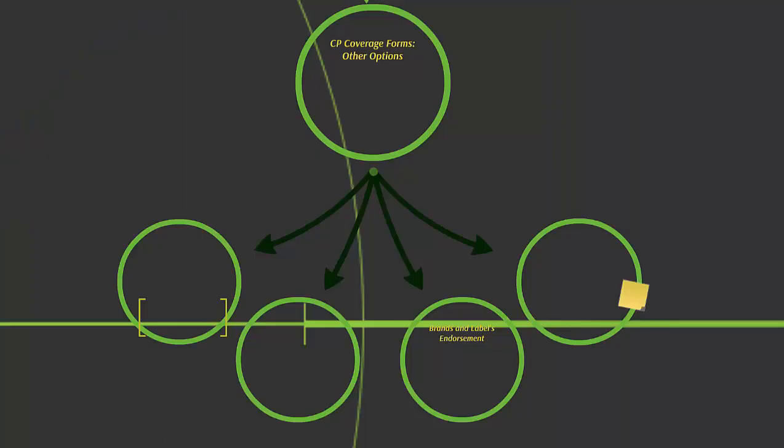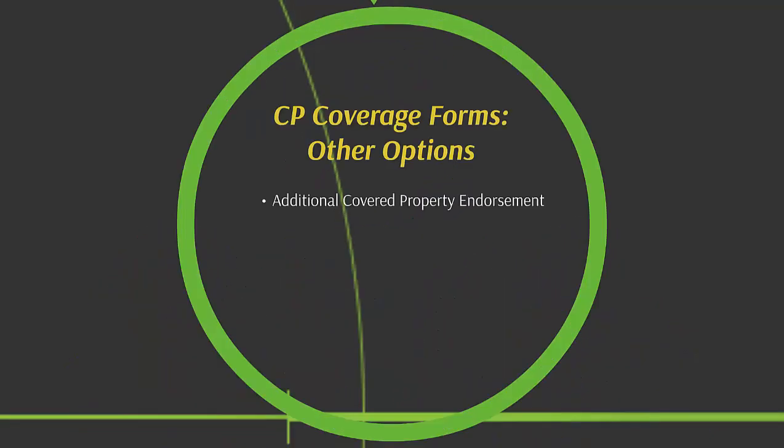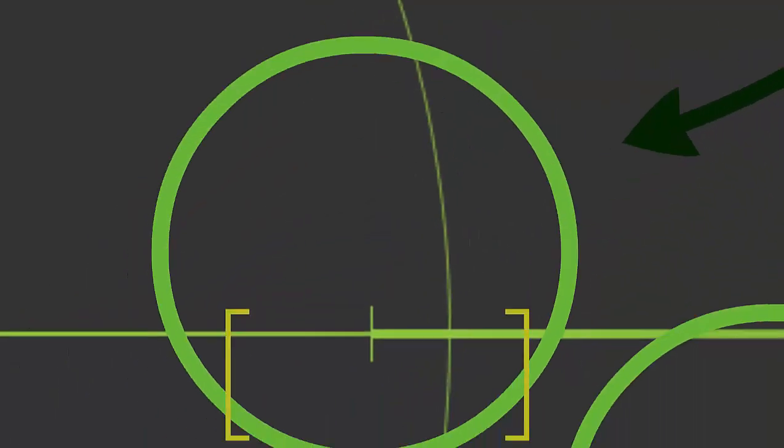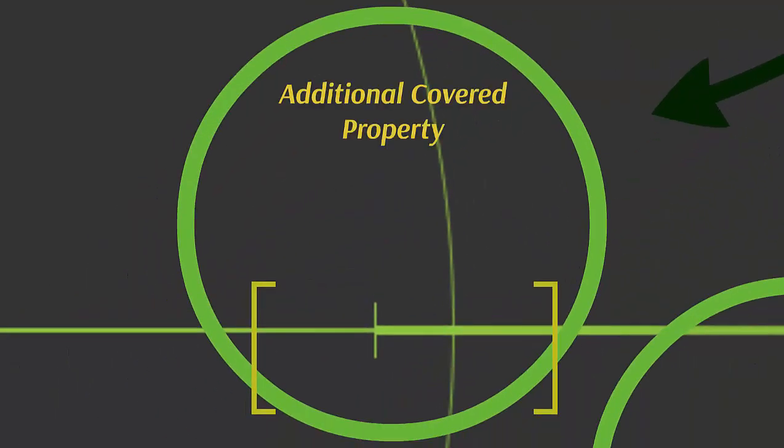Now let's look at the commercial property coverage forms, other options. And those are the additional covered property endorsement, a manufacturer's consequential loss assumption, the brands and label endorsement, and an increased cost of loss and related expenses for green upgrades. So let's look at additional covered property.